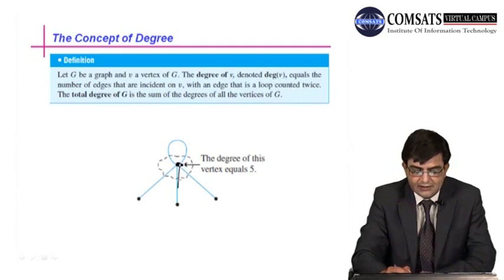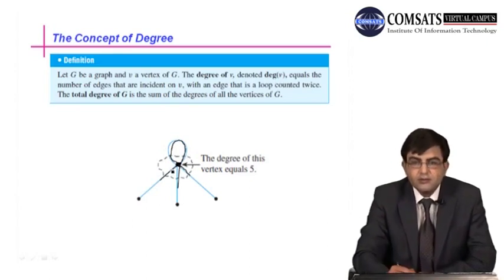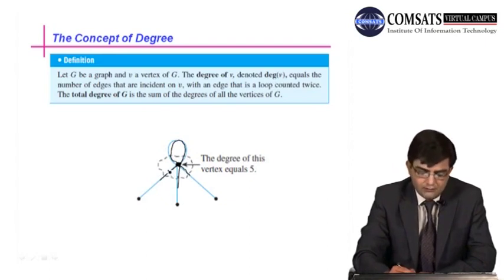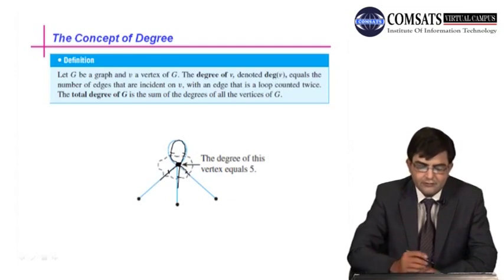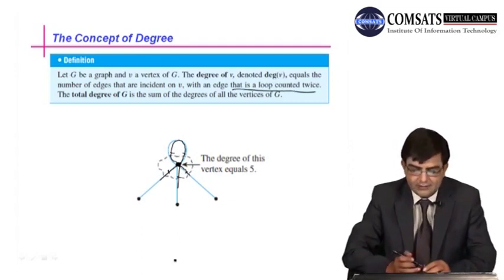This edge is incident on this vertex, this edge is also incident on this vertex, this edge is also incident on this vertex, and there is a loop which is incident on this vertex. So 1, 2, 3, 4, 5. So a loop is counted twice.